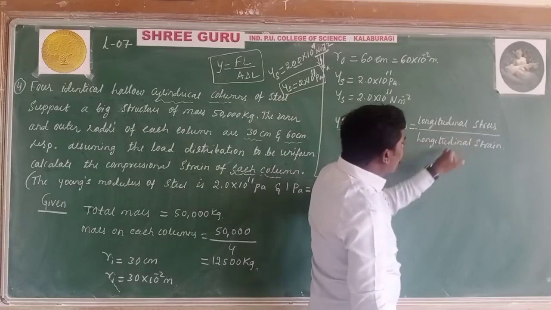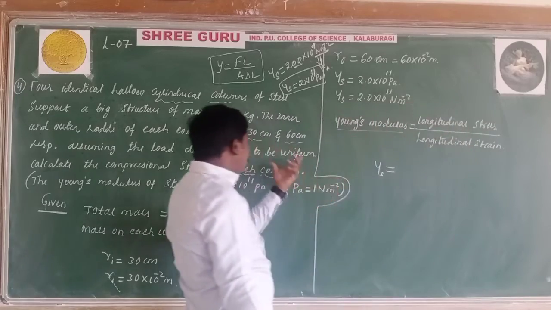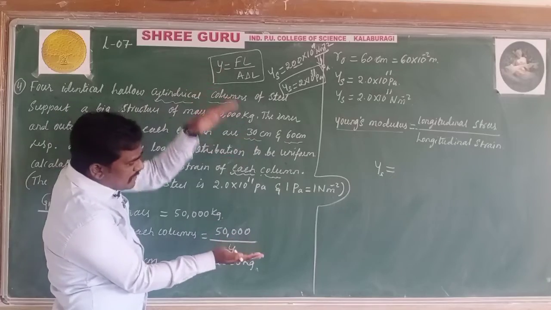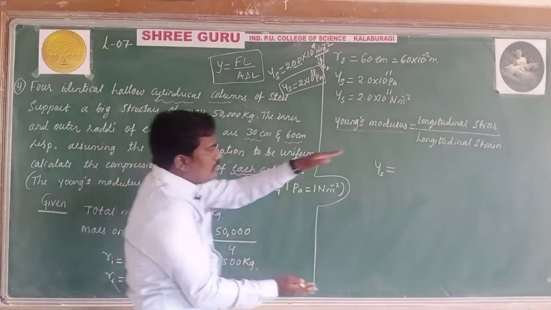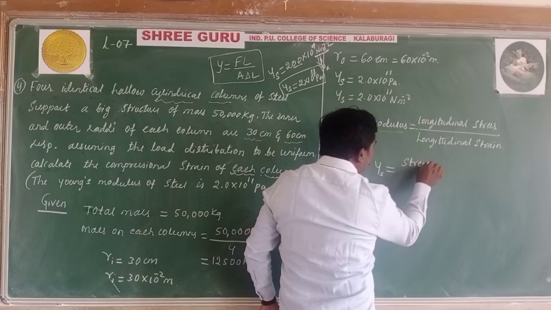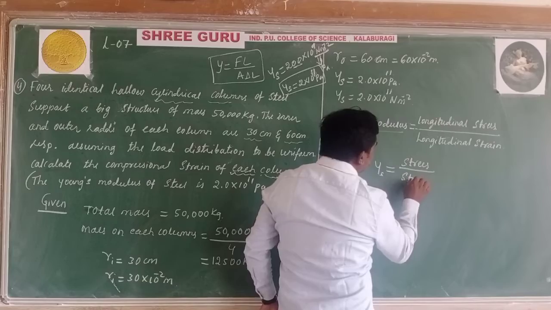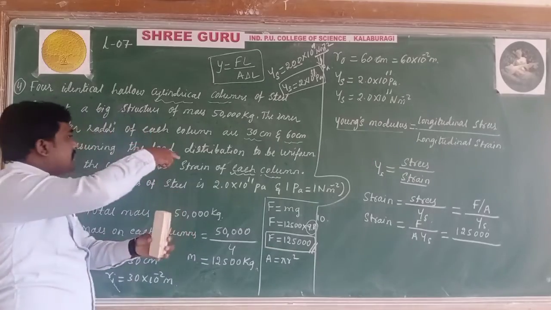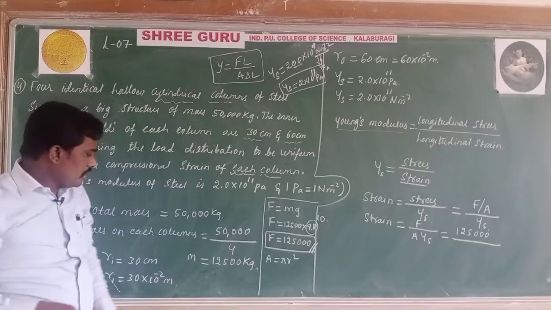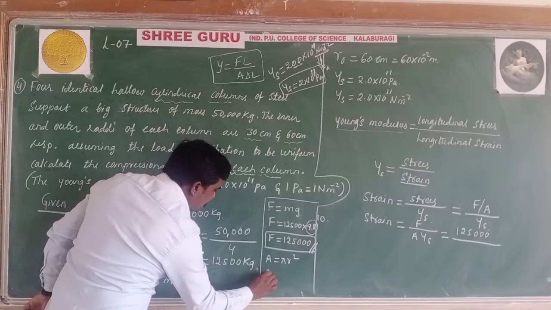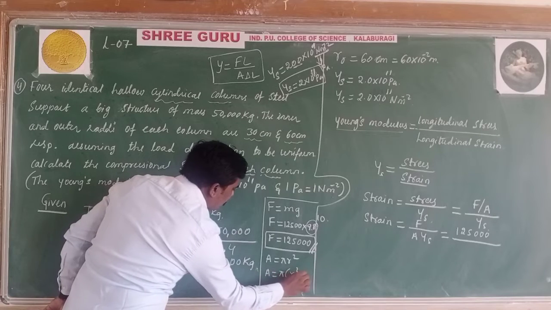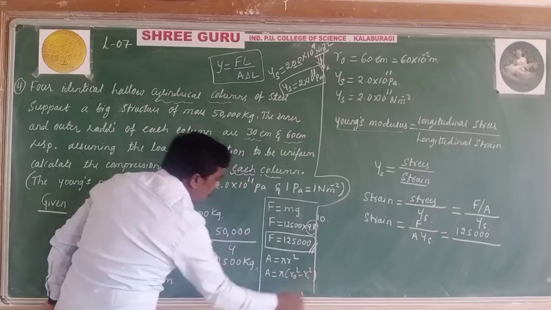Why longitudinal? Because here also the length is varying. Initially the column has this much length, and after applying a certain mass, this length is going to compress. We are discussing the length only. So I can take it directly as stress by strain. Inner radius is 30 centimeter, outer radius is 60 centimeter. We should write the area like this: area is equal to pi into outer radius squared minus inner radius squared.